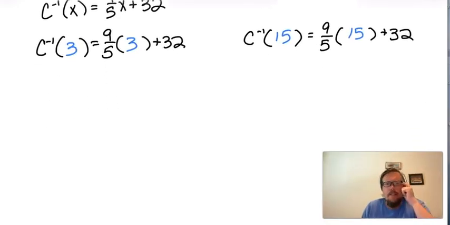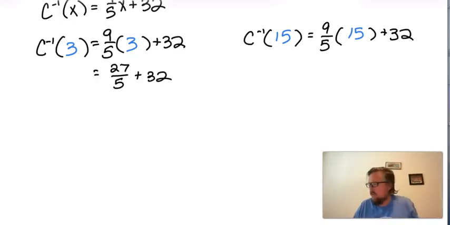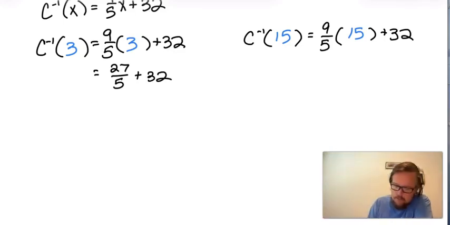All right, let's do a little bit of math here. So 9/5 times 3 is 27/5. I'm going to use a calculator real quick to do 27 divided by 5. 27 divided by 5 is 5.4. Oh, duh. I could have done that without a calculator. Quit being lazy.